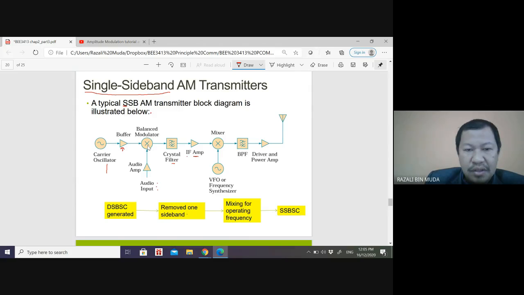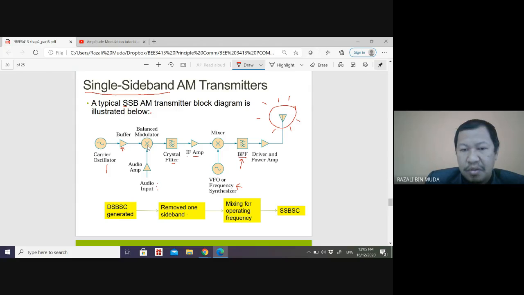At the mixer, it is mixed with the operating frequency from the frequency synthesizer, and then it goes into the BPF, a band pass filter, where it removes one of the sidebands. Then the driver and power amplifier, and then it is transmitted at the antenna.